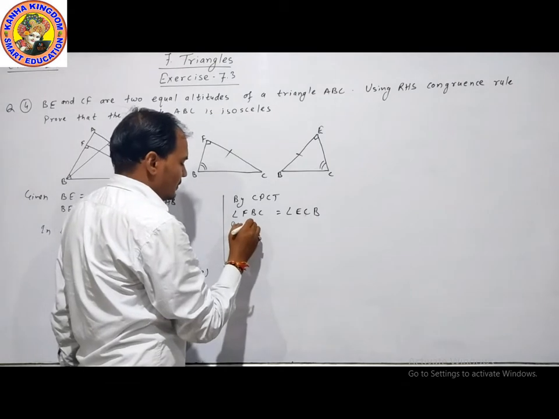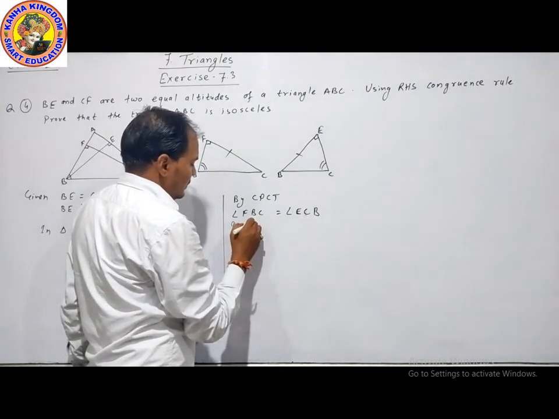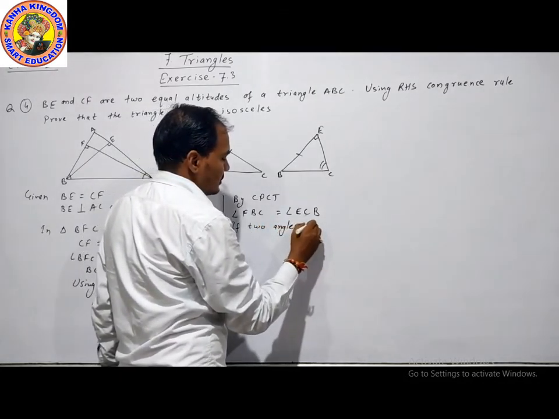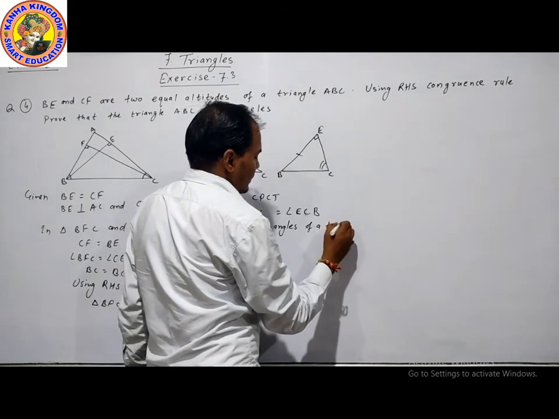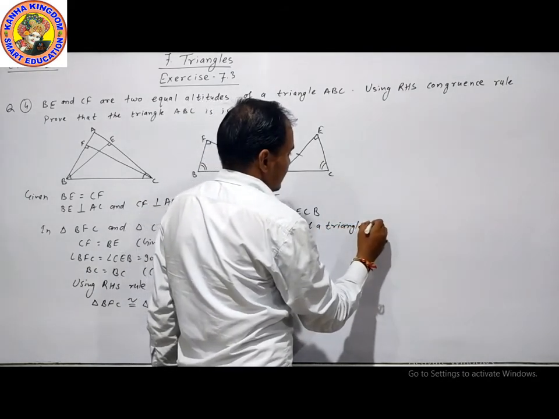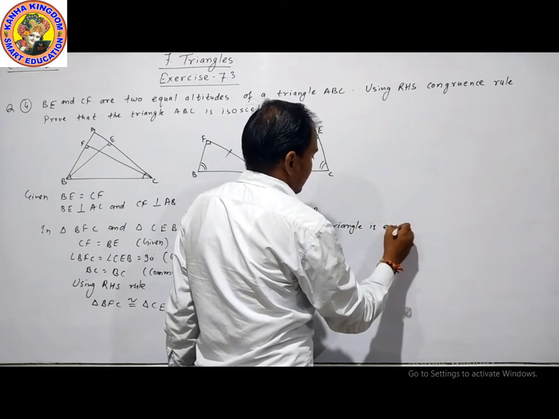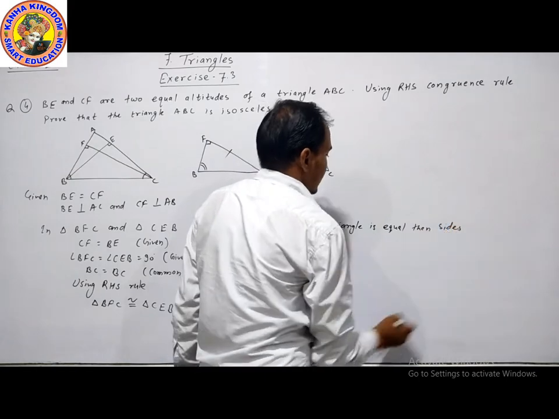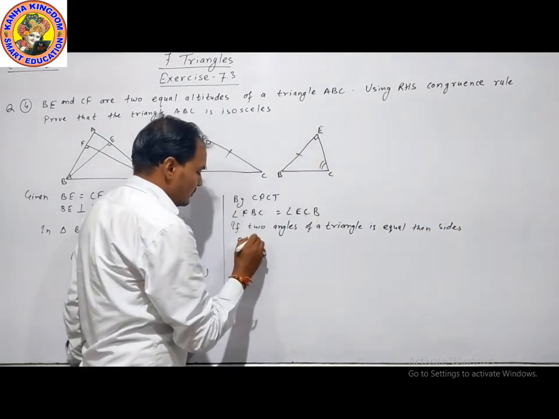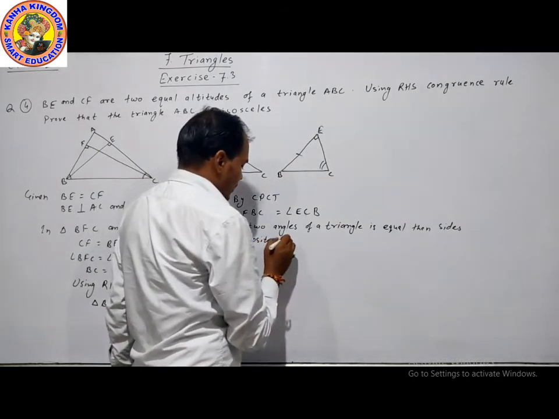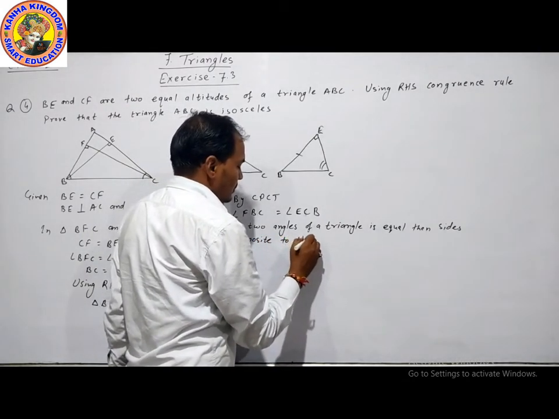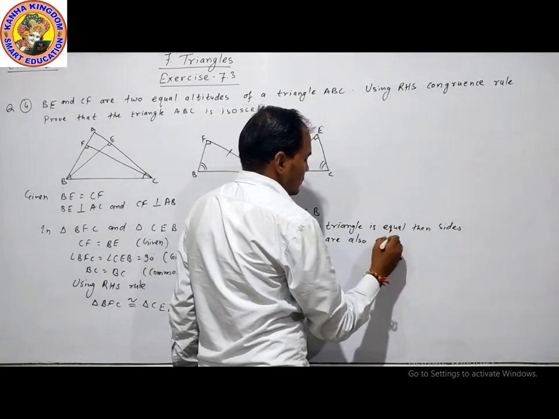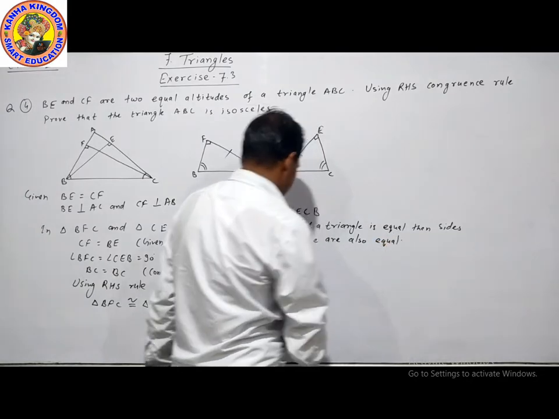If two angles of a triangle are equal, then the sides opposite to these are also equal.